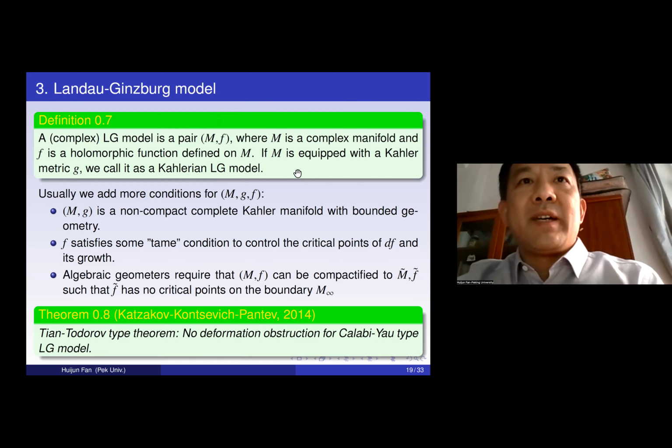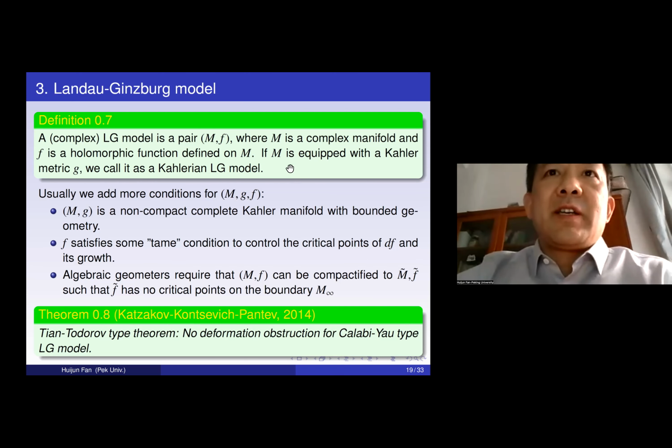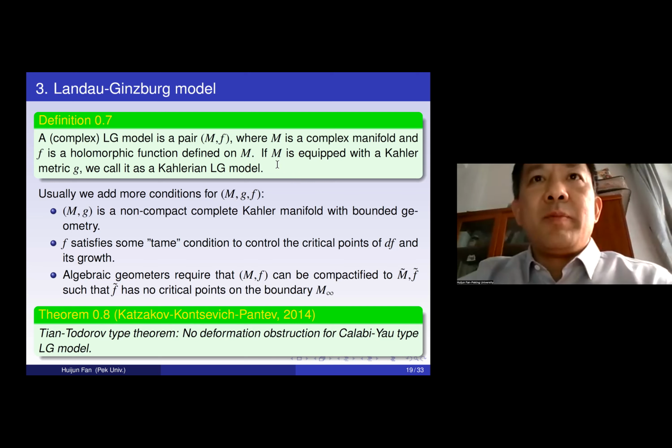We can also define the so-called complete Calabi LG model if M is a complete manifold. Here, of course, M should be an open manifold, because you want F to be a non-trivial holomorphic function.